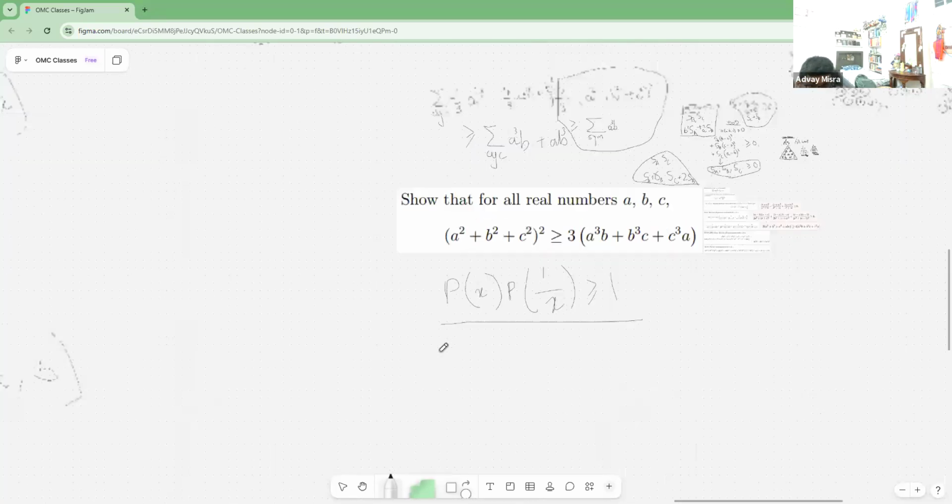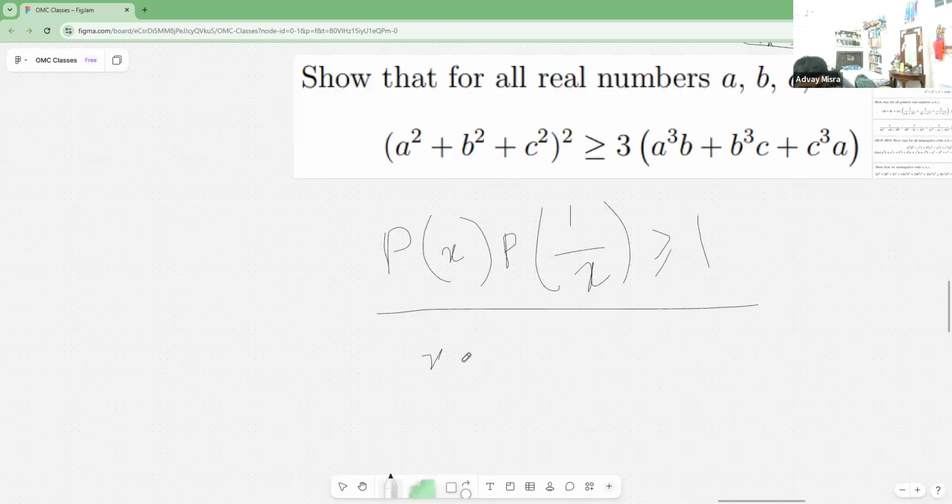If this holds for x equals 1, then show that it holds for all x.